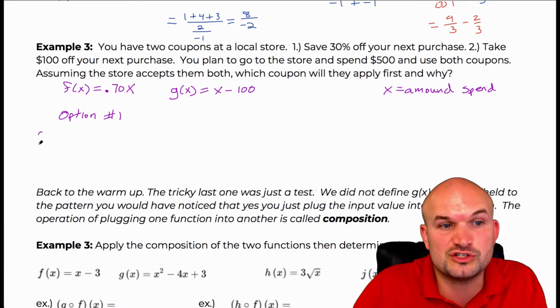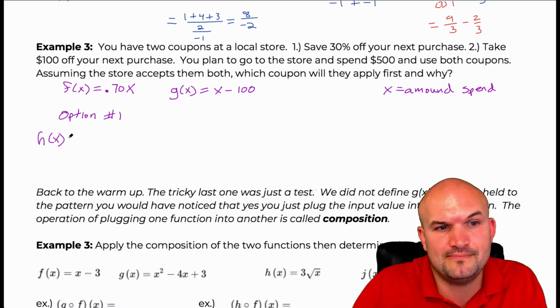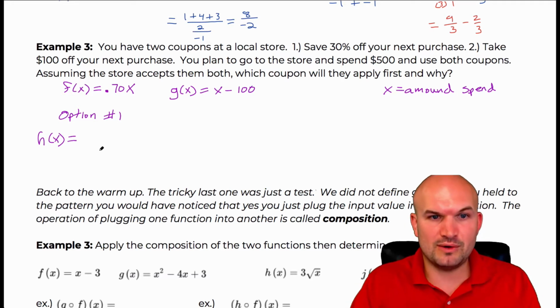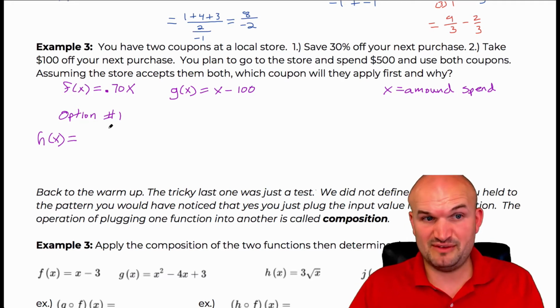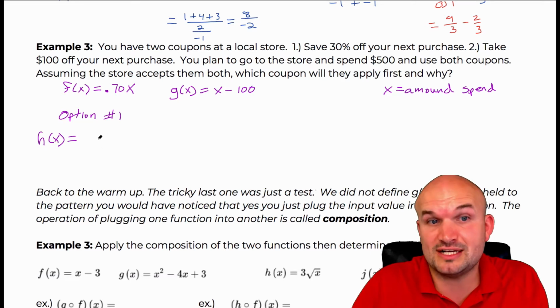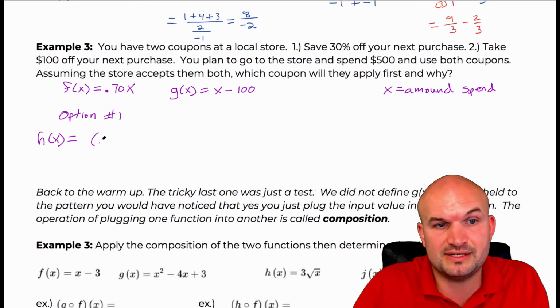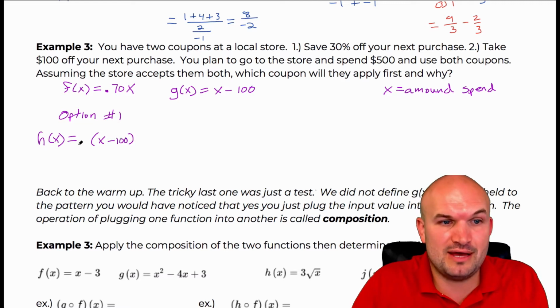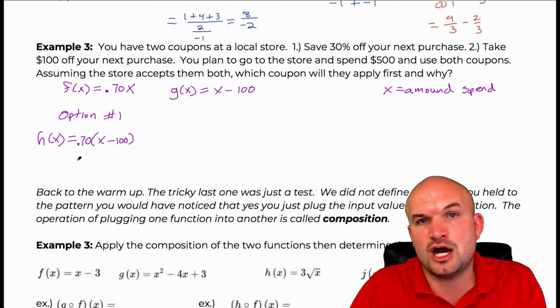We'll call that new function h of x. If we have a value x, which in this case is going to be 500, we are going to subtract $100 from that first, so we basically say x minus 100, and then we're going to take that value and multiply it by 70%. And that's going to be our value for that.